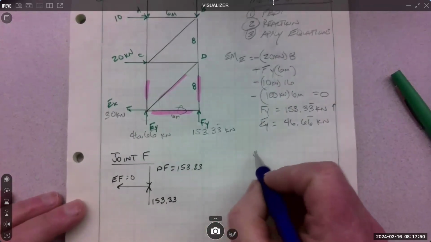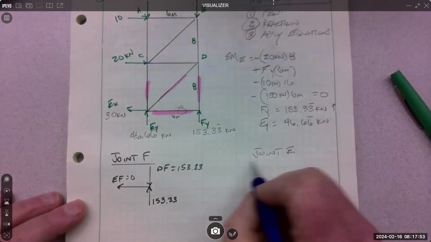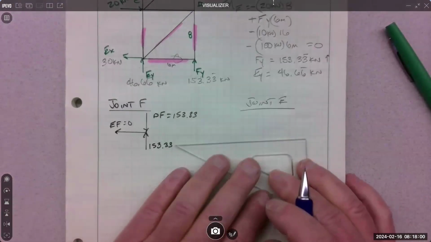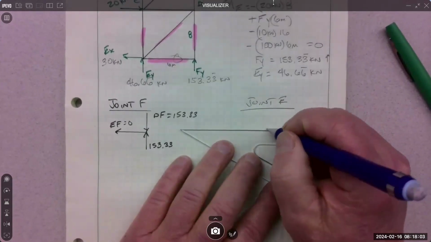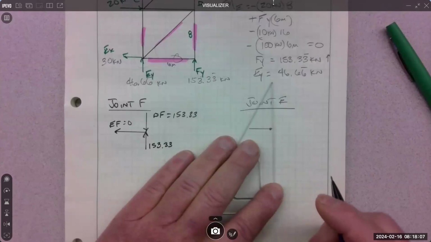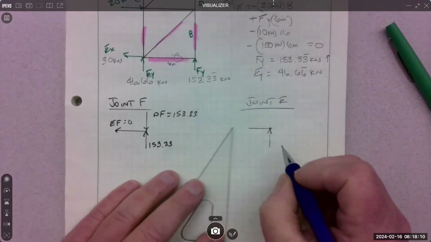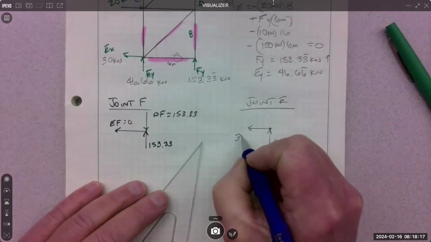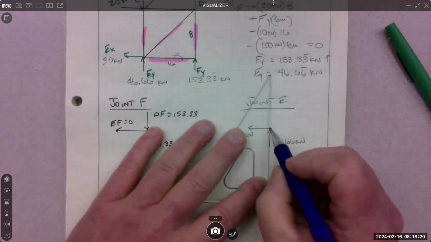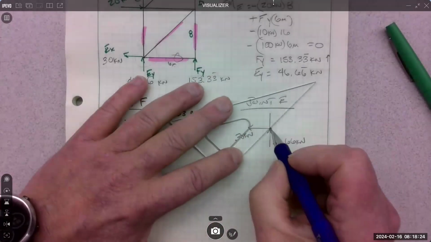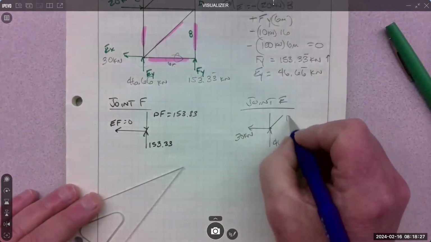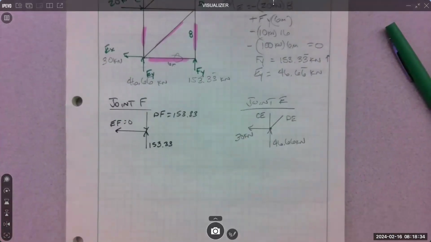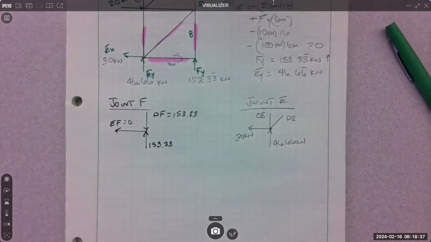So I will go to joint E. And I'm going to leave EF out because it's 0.